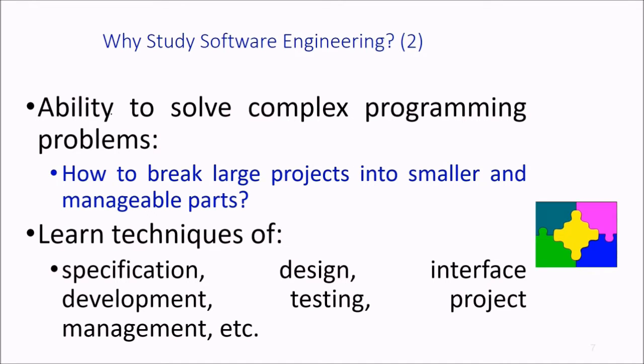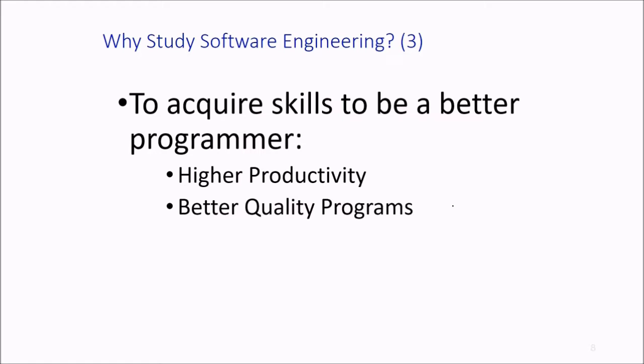So why do we study it? For the ability to solve complex programming problems and to break large projects into smaller, manageable ones. You need to know the techniques of creating specification, design, interface development, testing, project management, and so on. Then, to acquire skills to be a better programmer, a better software person, you can produce more, and the quality of the programs would also be better.